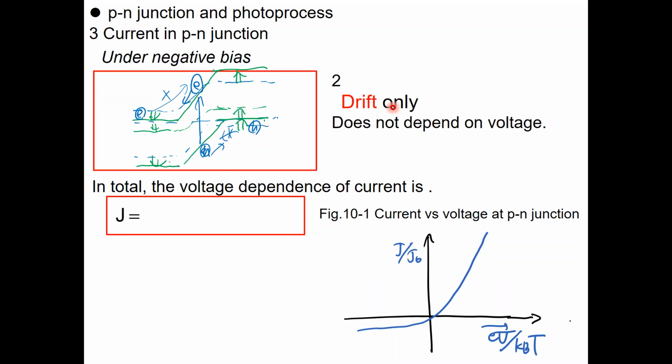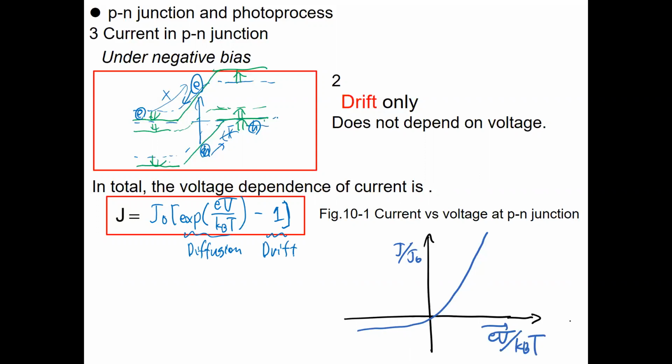So in summary, in total, you could obtain the total current like this: J0 times exponential of eV over kBT minus 1, which is not 1 actually, it's equal to G0. This first component corresponds to diffusion, and this corresponds to the drift current.